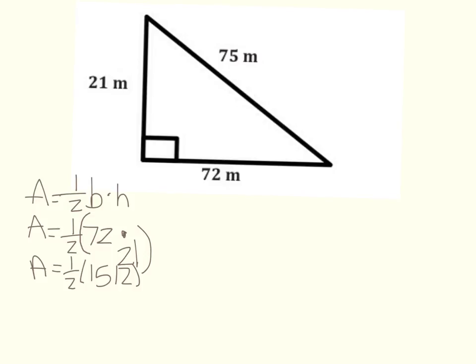And now we're going to take 1,512 and divide that into a half. So after we do that, the area of this right triangle equals 756. And never forget to use your units, which in this case is meters. So the area of this right triangle is 756 meters.